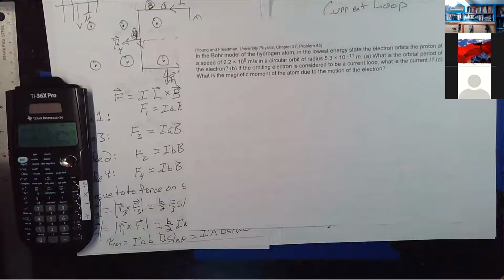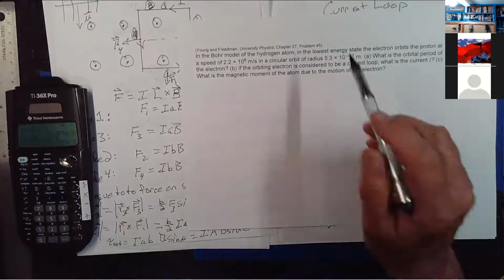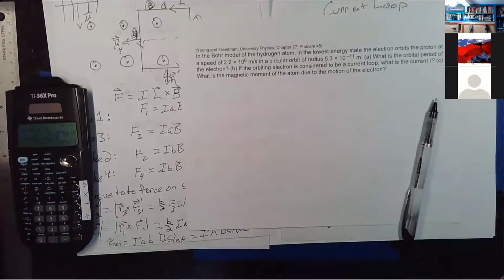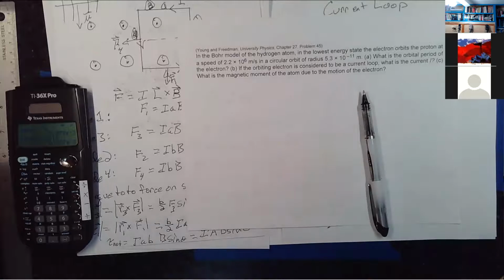That's the Bohr radius. To 3 significant figures, a lot of times you'll see it written as 5.29 times 10 to the minus 11th meters. What's the orbital period of the electron? If the orbiting electron is considered to be a current loop, what is the current I, and what's the magnetic moment of the atom due to the motion of the electron?